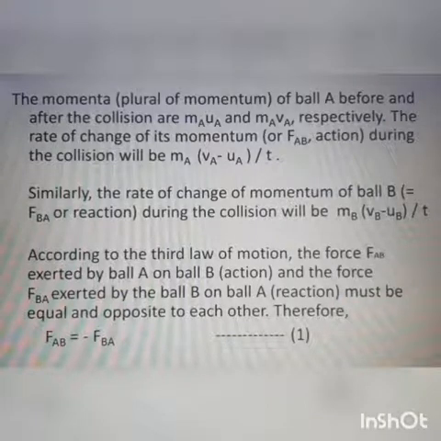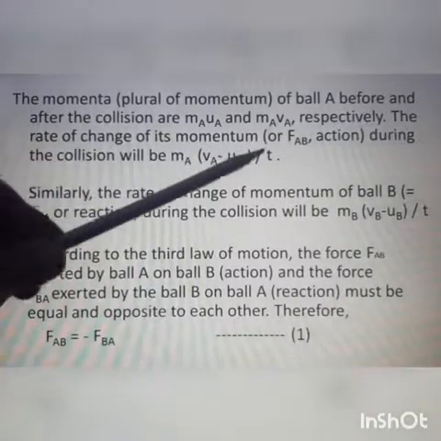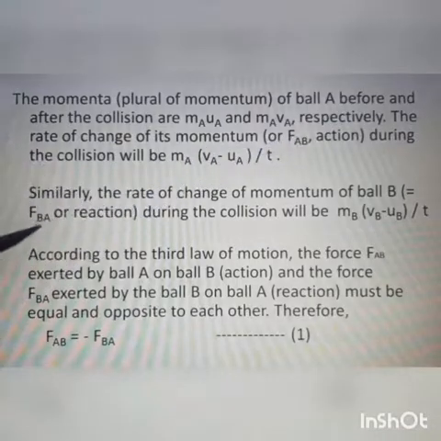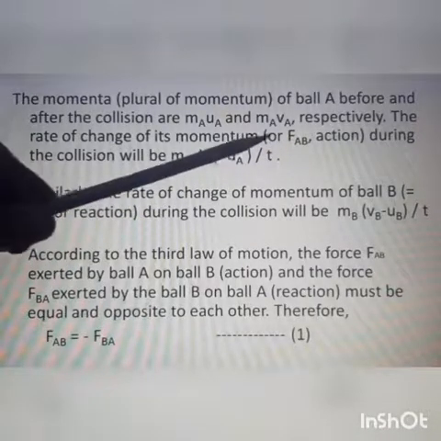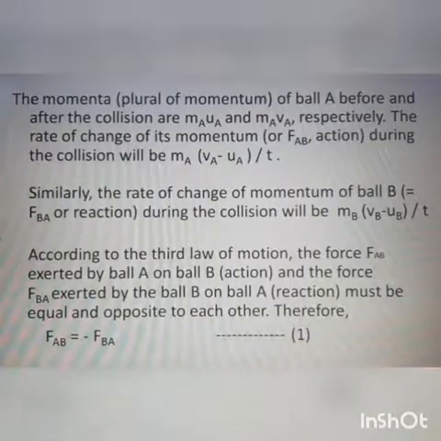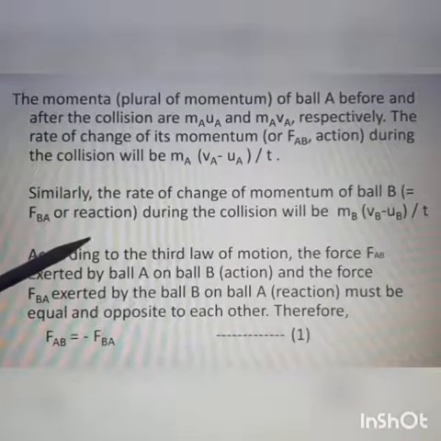In order to do so, first we have to find FAB and FBA. FAB is considered as action and FBA is considered as reaction.